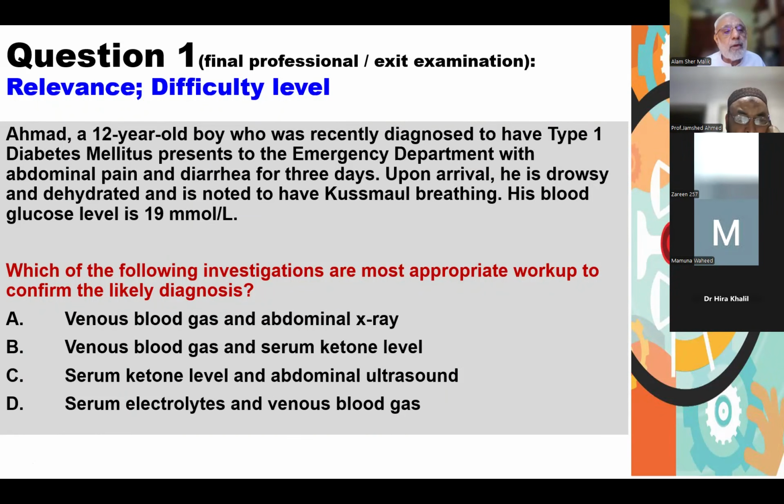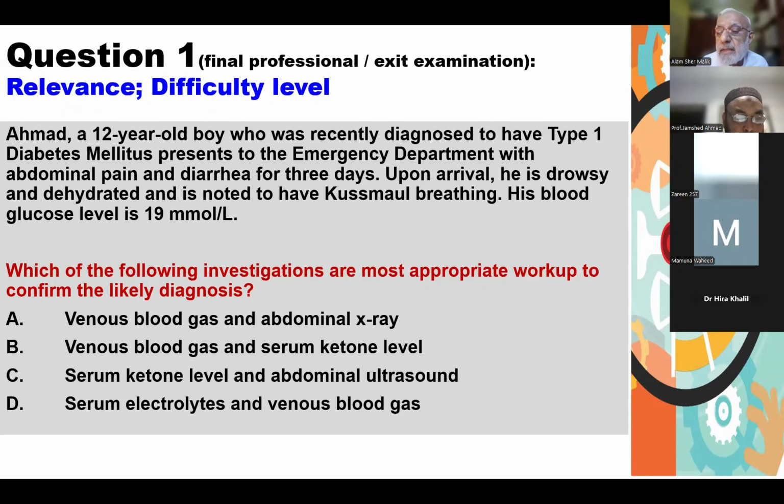First, let's look at the relevance. What do you think? Is it an essential component of assessment, important, acceptable, or questionable? What is the relevance of this question for the assessment of a final year student?